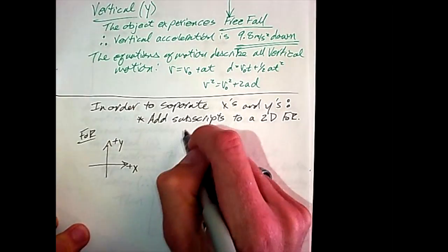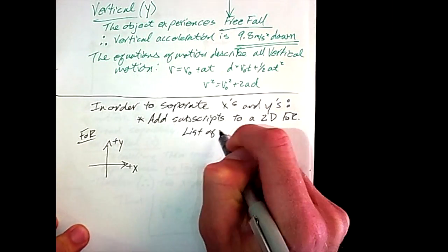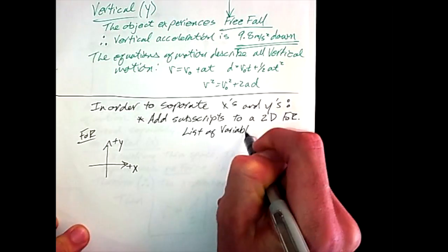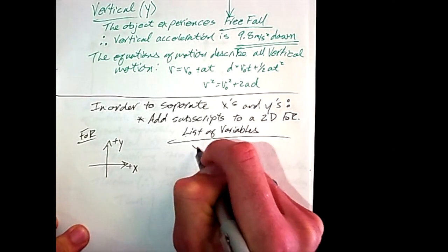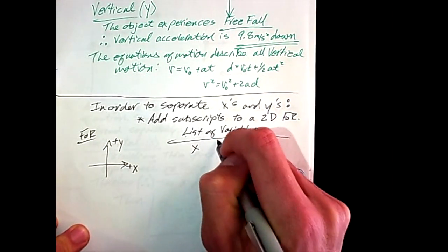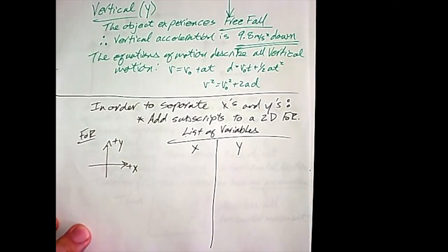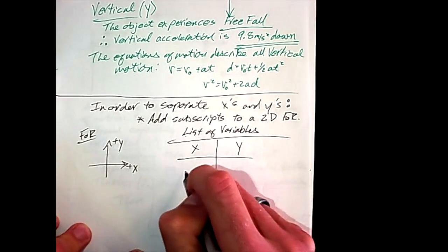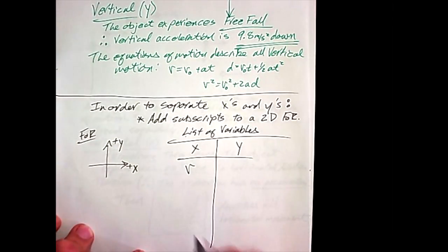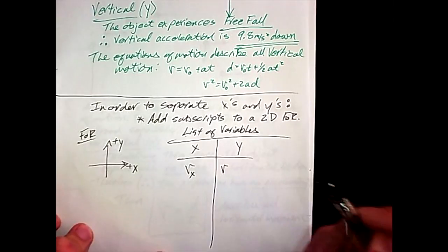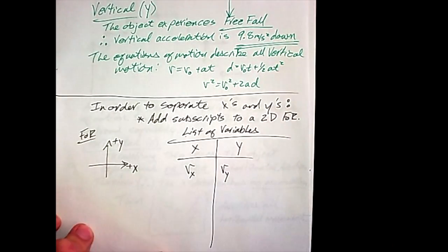which means that our list of variables is going to be slightly different than it has been. We're going to, in fact, have an x and a y list. So what I mean is that the velocity that moves horizontally is Vx. The velocity that moves vertically is Vy.